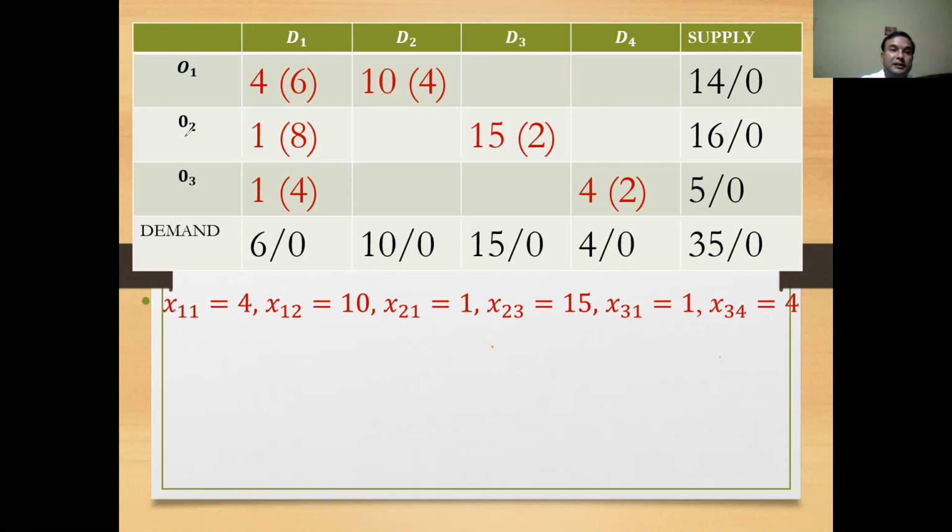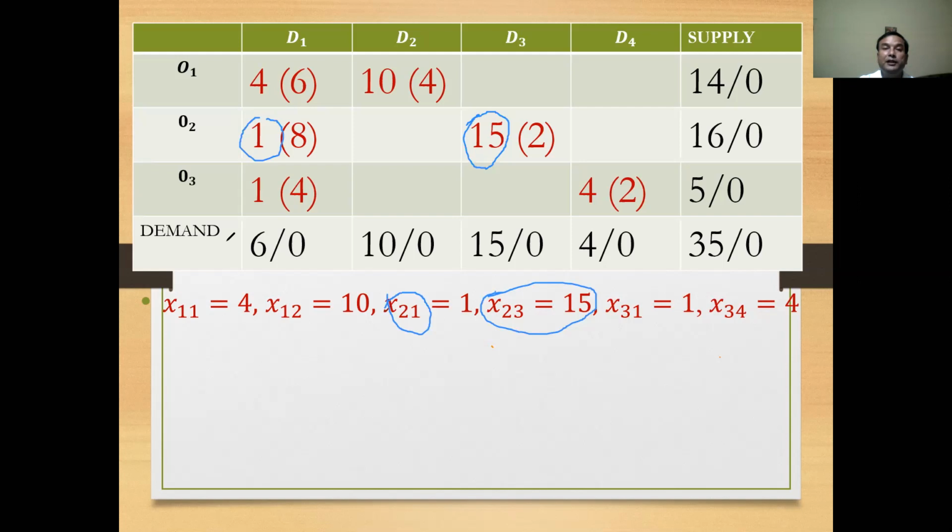Then similarly origin 2 and destination 1, x21 is this 1. Then x23 is this 15. Then x31 is 1. Then x34 is 4, so we have got these values.